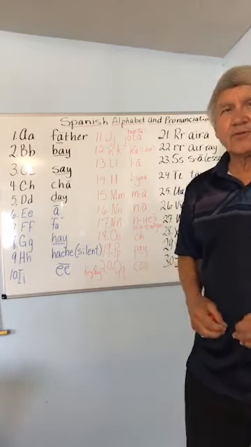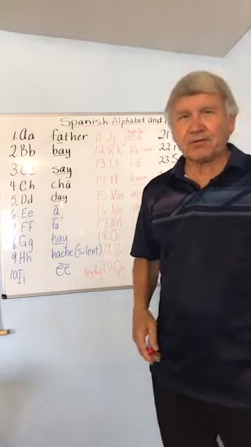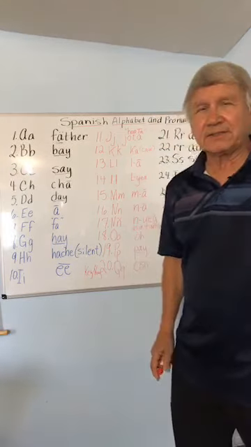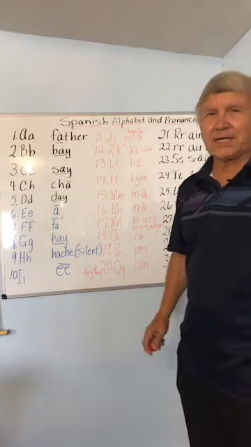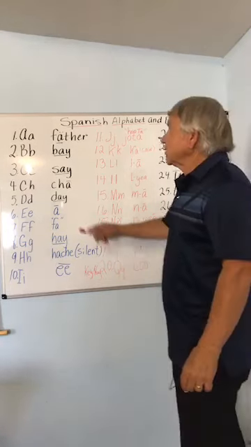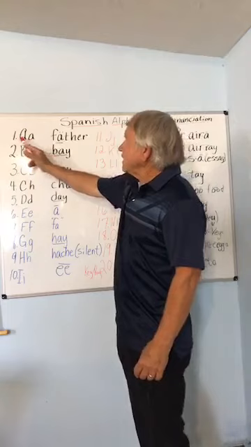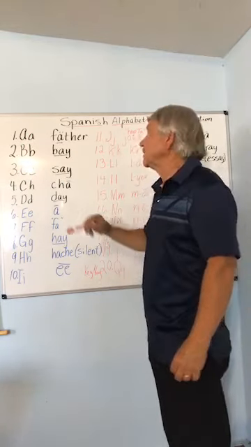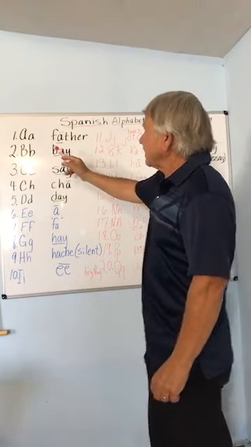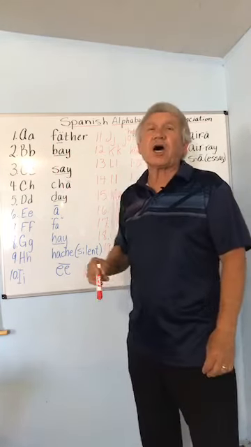So we'll go over the alphabet to begin with today, and how to pronounce the letters of the Spanish alphabet. Now you'll just stick with me and you'll see how this works. We first have the A in Spanish, and I'll be speaking in English to explain this for you. But the A in Spanish is always ah.